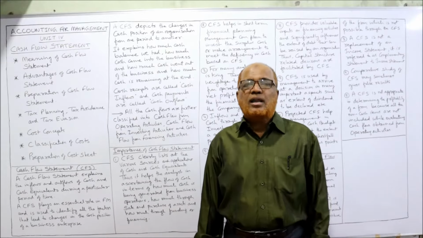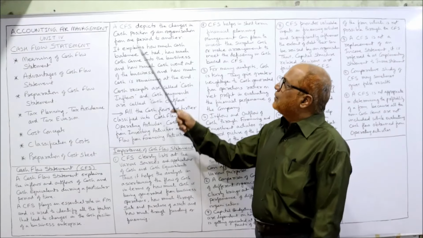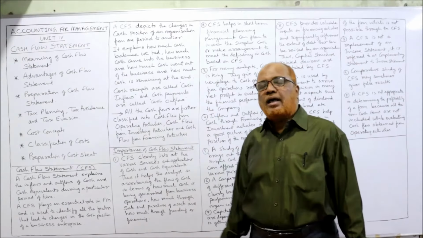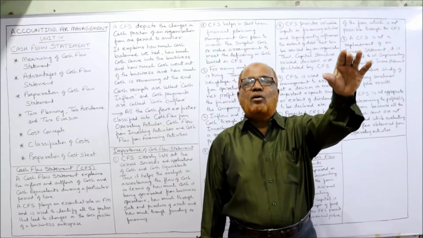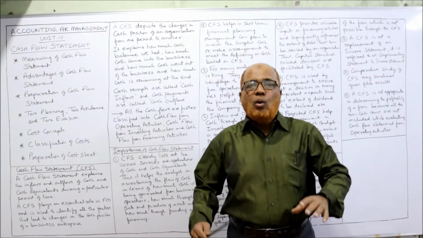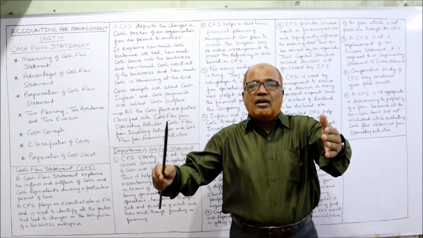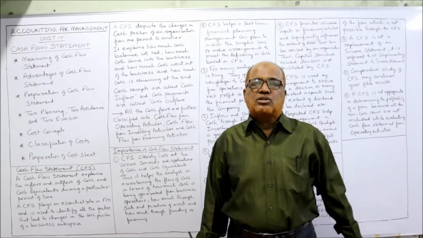Now, a cash flow statement depicts the changes in cash position of an organization from one period to another period. From last year to current year, or from the beginning of the year to the end of the year, what changes in cash took place? From where the business has received the cash and where the business has paid the cash.